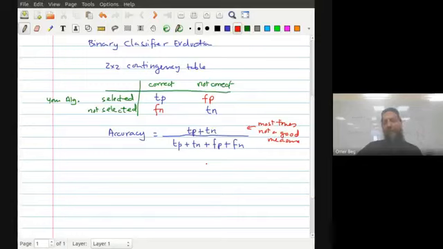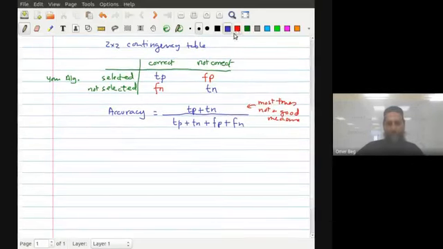If you develop a system that only assigns everybody a negative result, that would be 99.9% accurate. So accuracy in that sense is not a very good measure.